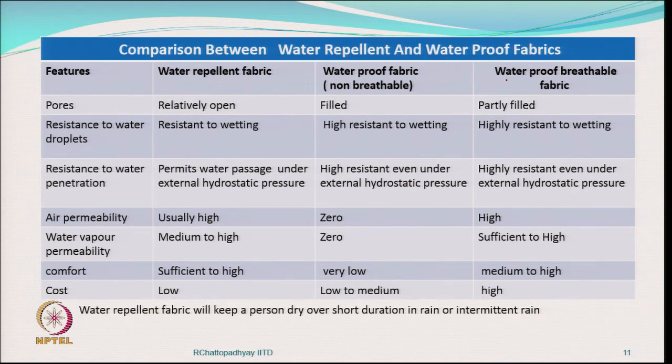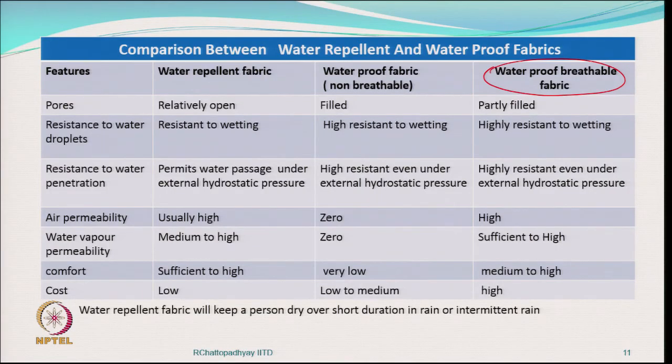This is very important now, because it should not only be waterproof, it has to be breathable also. So, raincoats, or we can say the cold weather clothing which is used, have to be waterproof, and at the same time they have to be breathable. So, there are many applications of such types of fabrics.